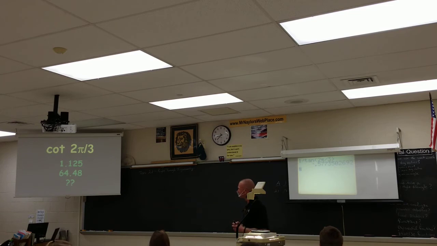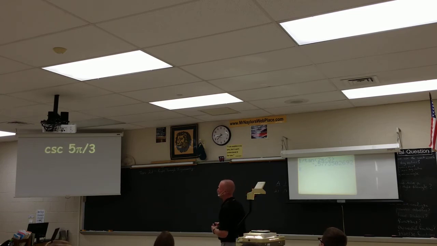Let's just try another one. Sort of see if you're catching on. I'm purposely giving you some problems that are a little harder. Now that would be the cosecant of 5 pi over 3.